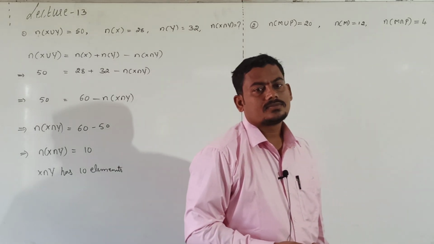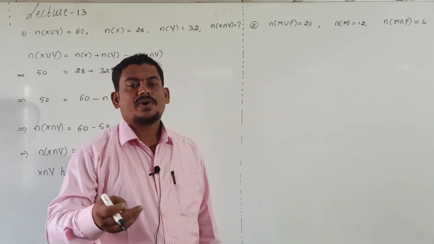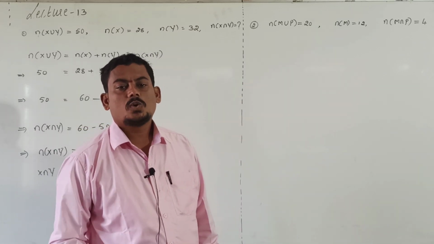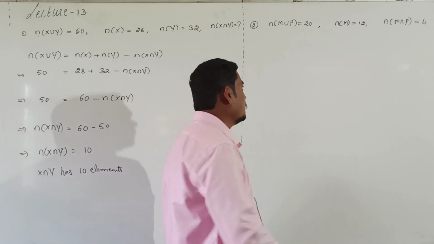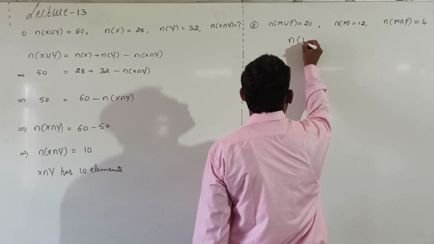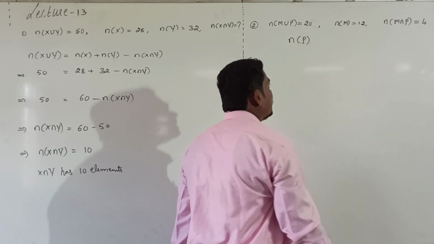Next, we need to find the number of teachers who teach physics, meaning n of P. Our requirement is n of P.